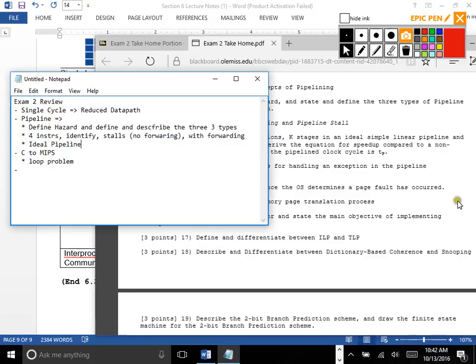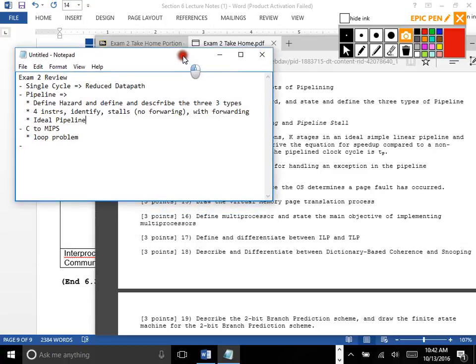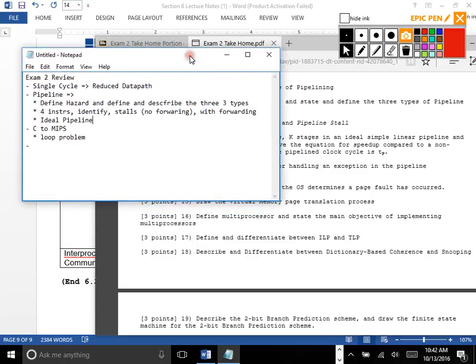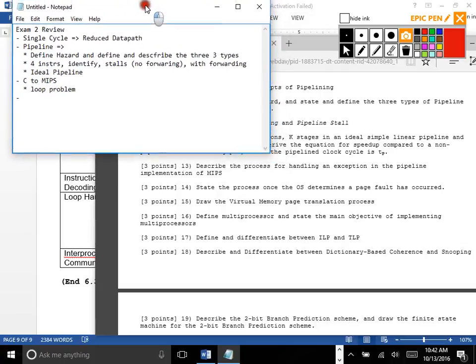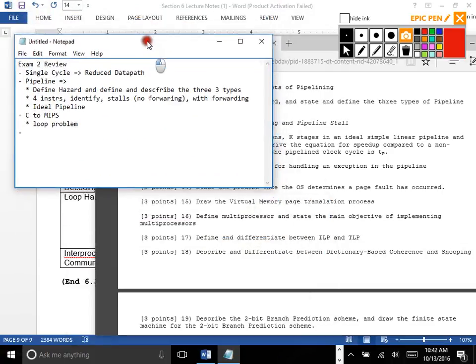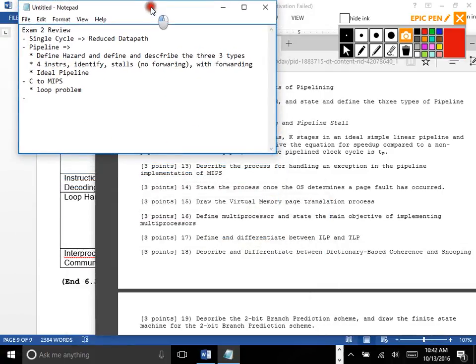Ideal pipeline. What else? So I got C to MIPS. Describe the process of handling an exception.